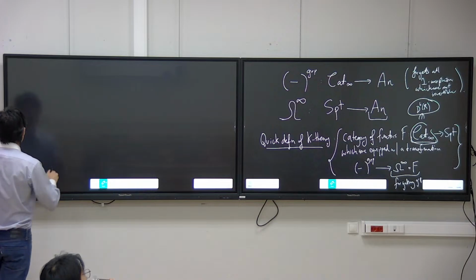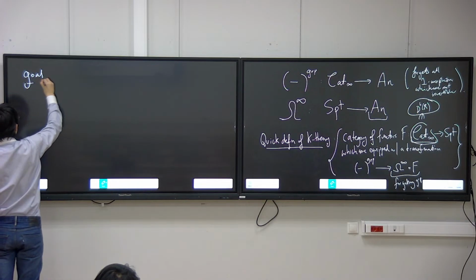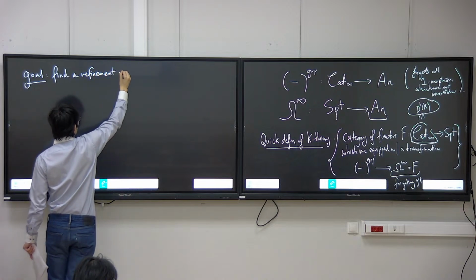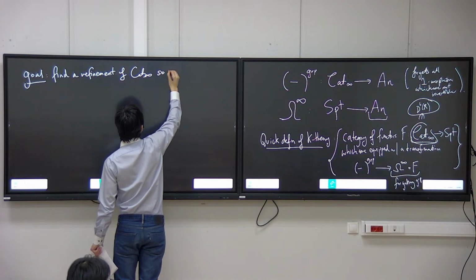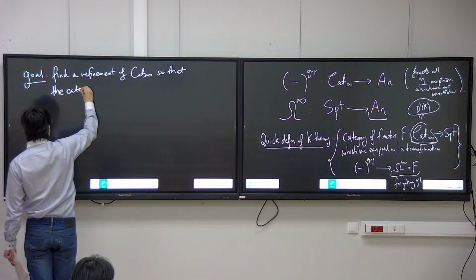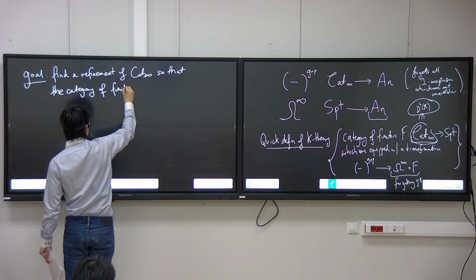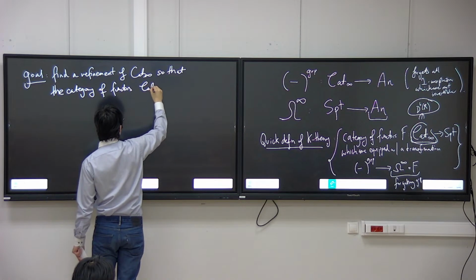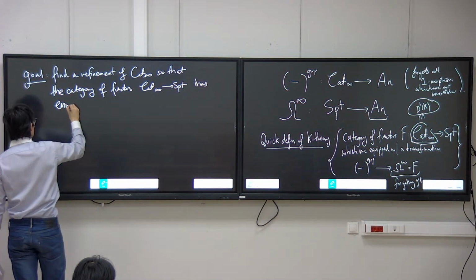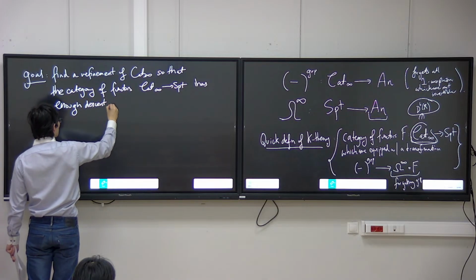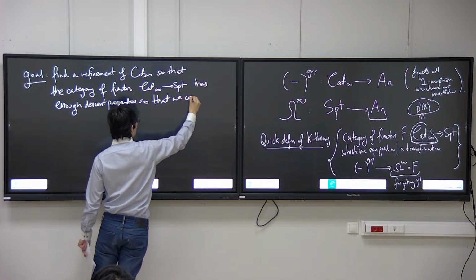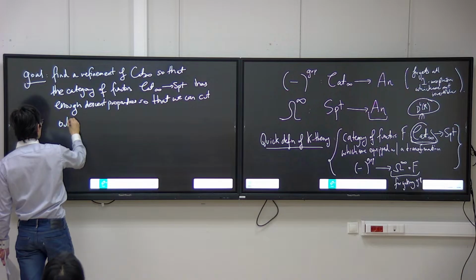Okay, but let's continue. So here, the goal for the next part is to find a refinement of Cat infinity so that the category of functors from Cat infinity to spectra has enough descent properties, so that we can cut out an initial object.